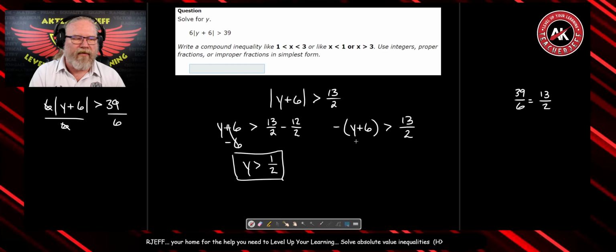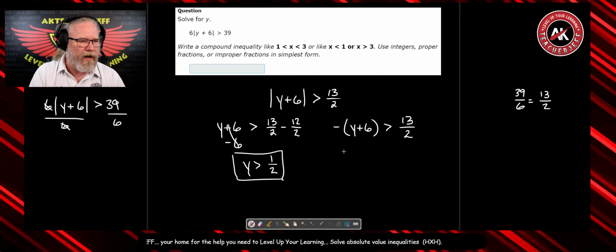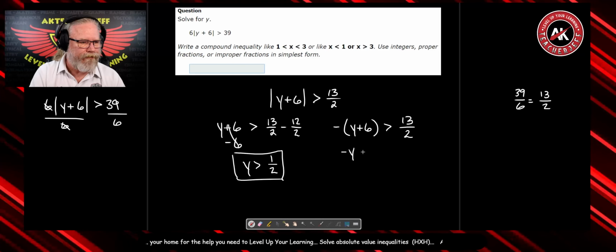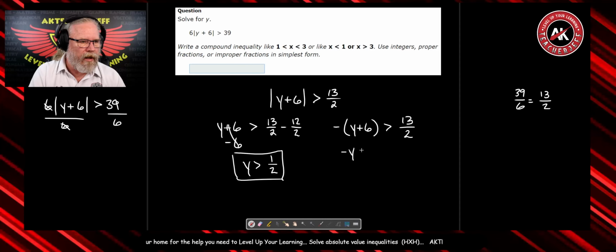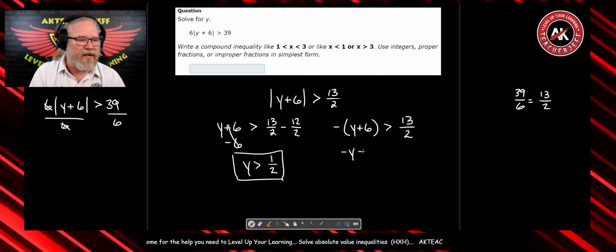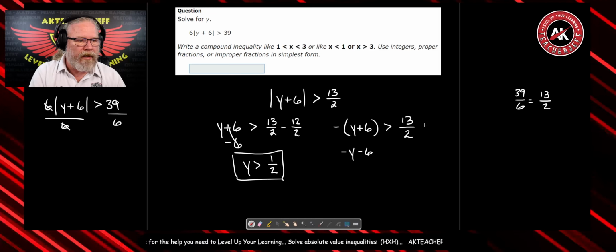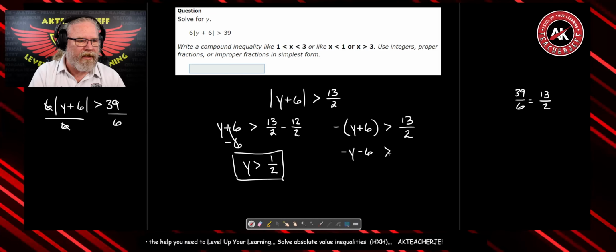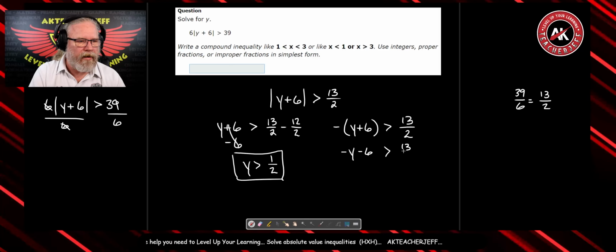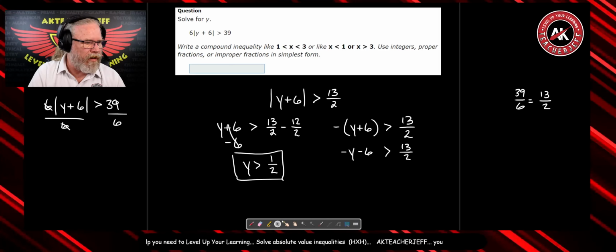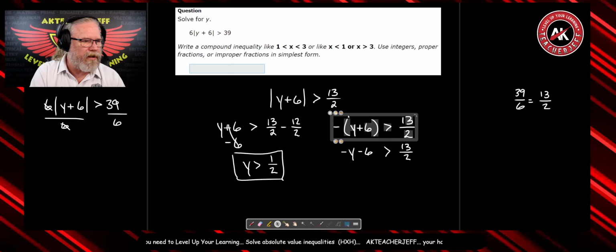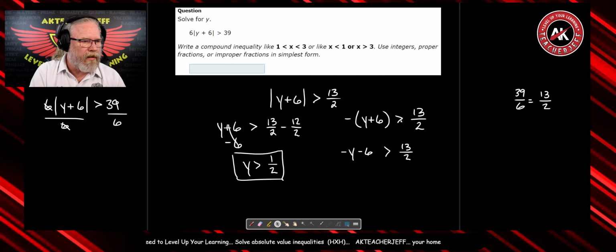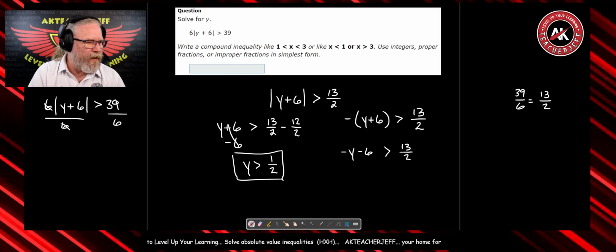Now let's do the negative one. Opposite of positive y is negative y, and opposite of positive 6, negative 6. And over here, let's go ahead and bring that down, 13 over 2. Getting a little bit crowded there. Let's move this just a little bit. There we go.